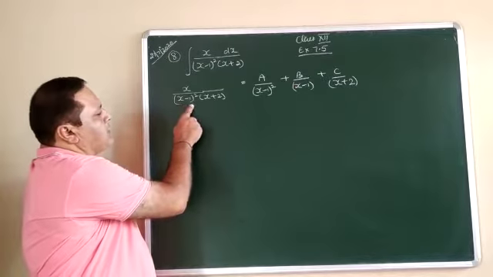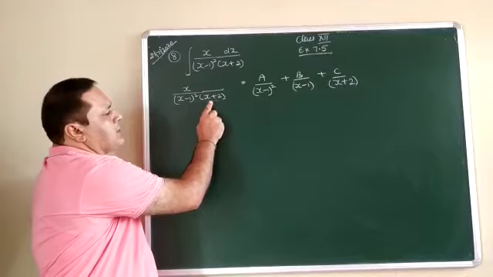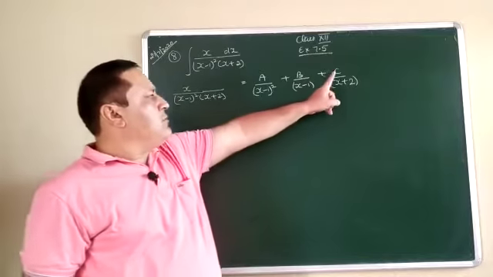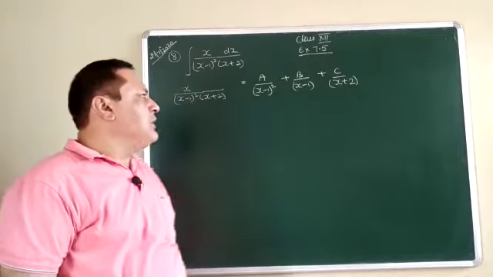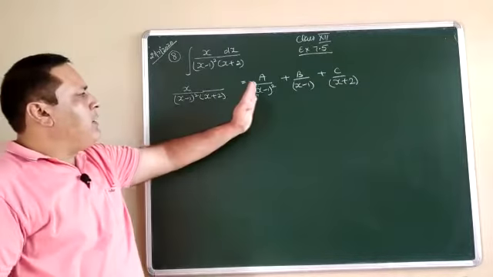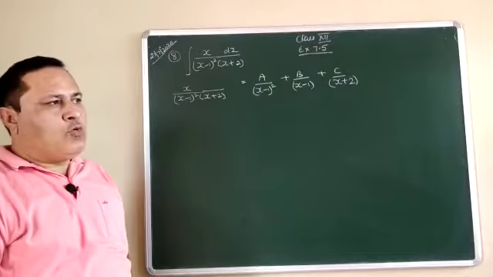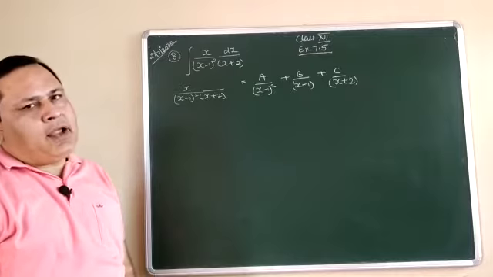After distributing this, the next term is x plus 2, so the next fraction is c upon x plus 2. Now it is our duty to find the values of a, b and c. There are two methods, by substituting or by comparing.